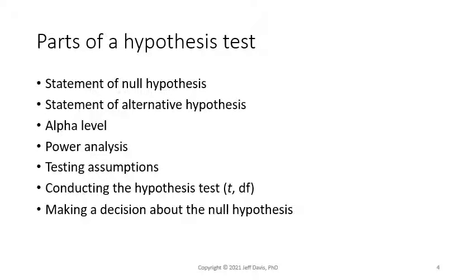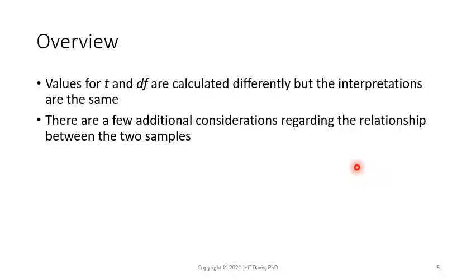And again, conducting the hypothesis test, making a decision, largely the same, with slight variations since we're working with a two-sample t-test. Values for t and df are calculated a little bit differently, but the interpretations are the same.